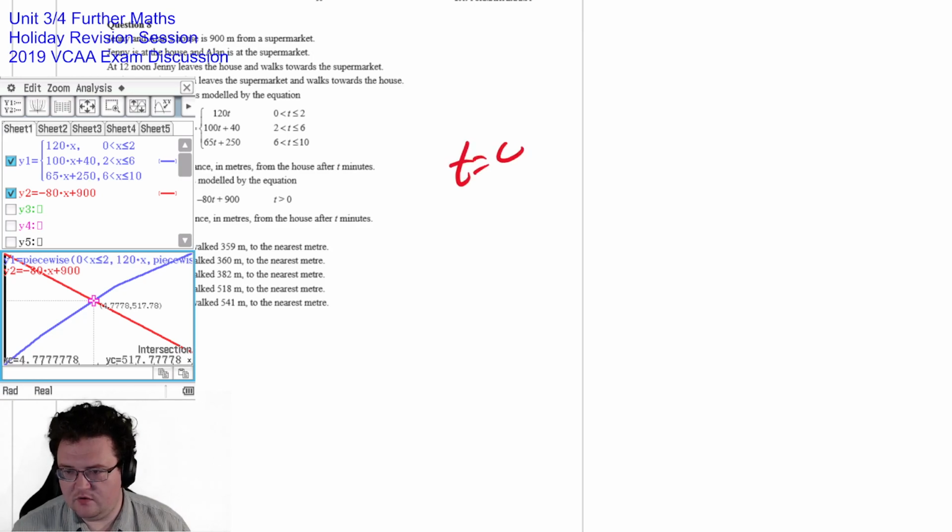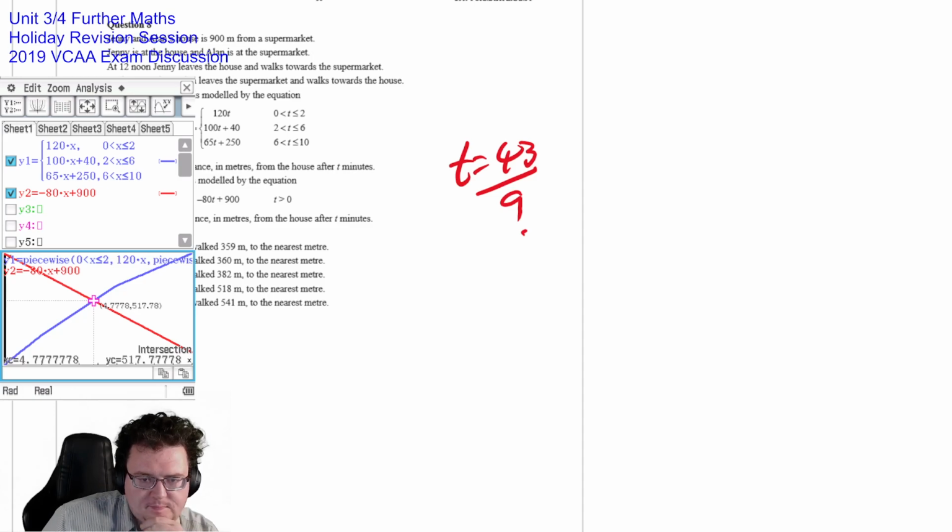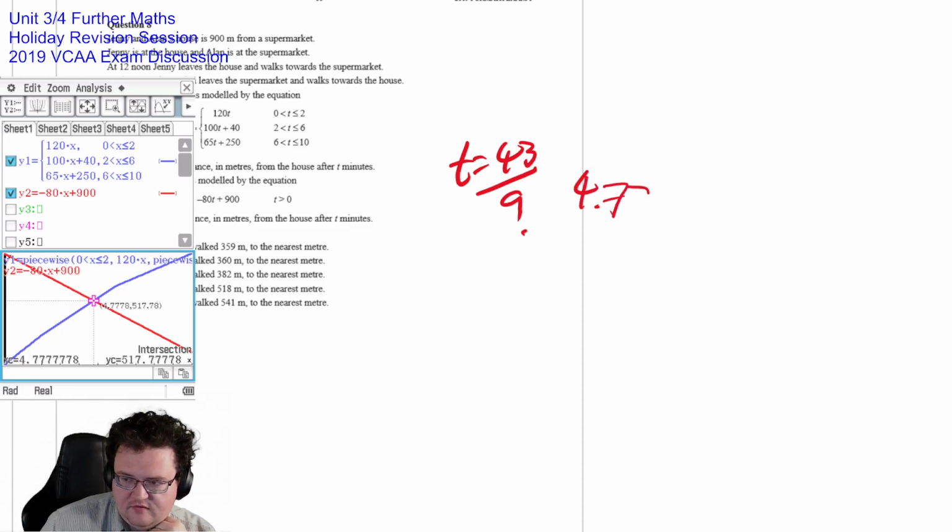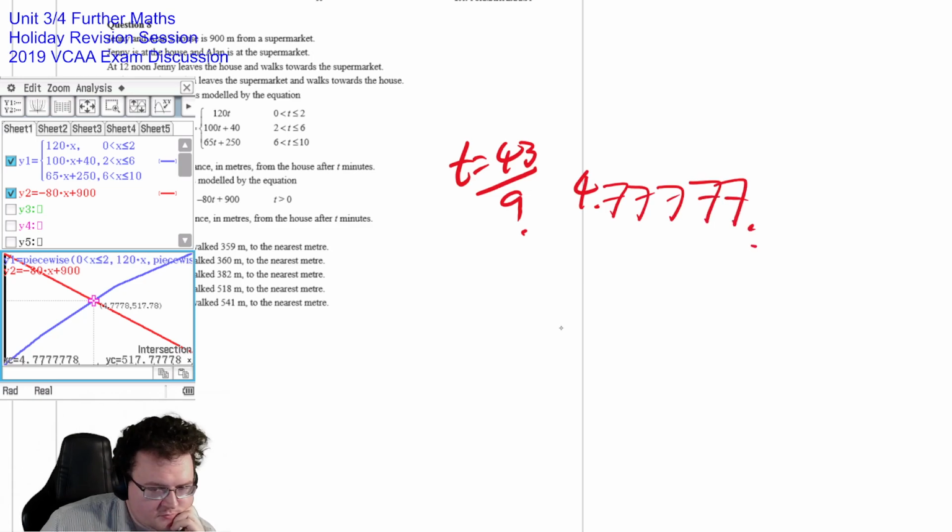So T equals 43 over 9, which is 4.777777. Is it D? No, it is not D.